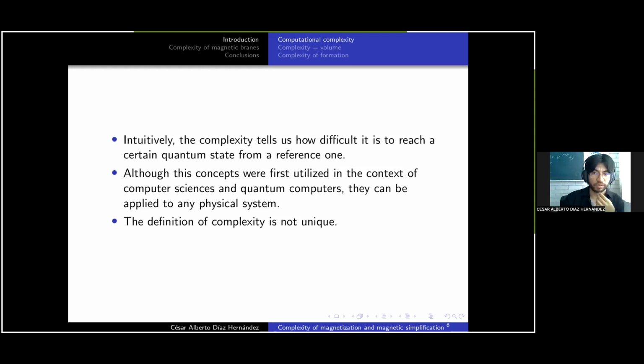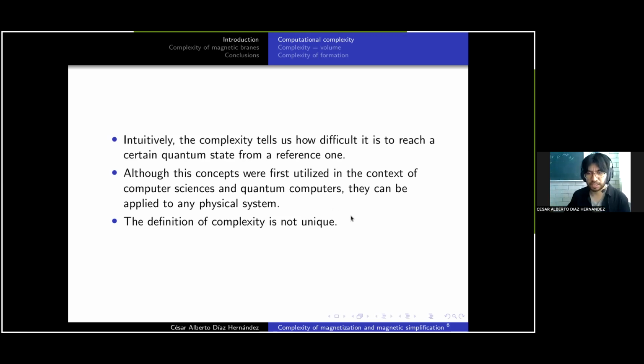So you can think of complexity like that in terms of computers, or in terms of quantum computers, or in terms of how much energy it takes to take one physical system from one state to another, or how much time it takes for a system to evolve to a certain new state.